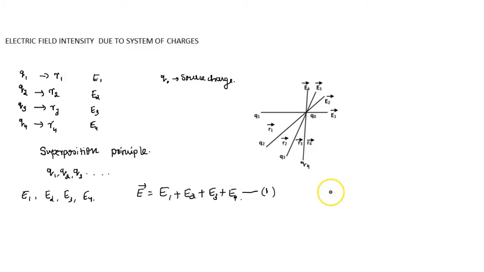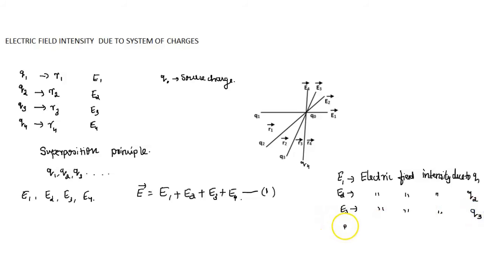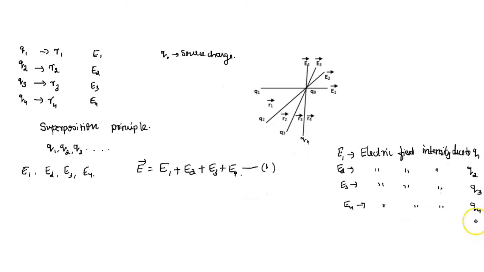Here E1 is the electric field intensity due to Q1, E2 is the electric field intensity due to Q2, E3 is the electric field intensity due to Q3 and E4 is the electric field intensity due to Q4 and E is the total electric field intensity.